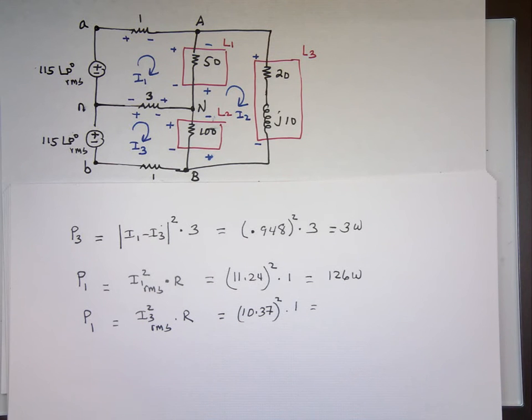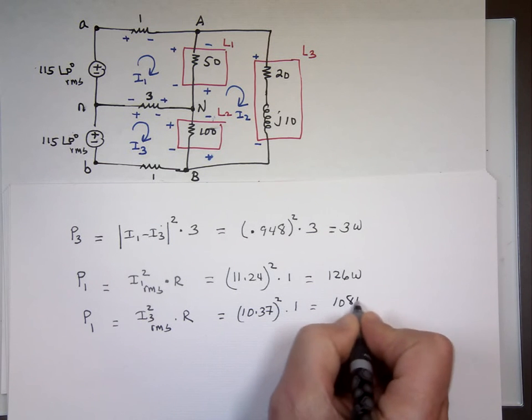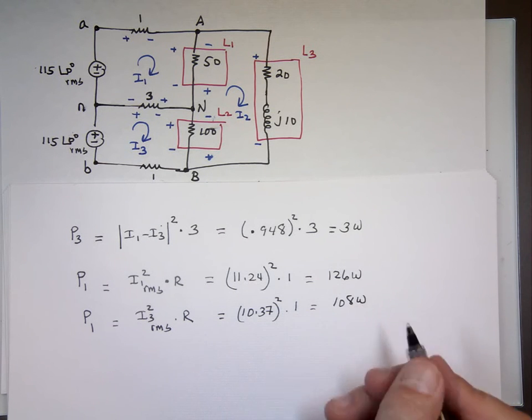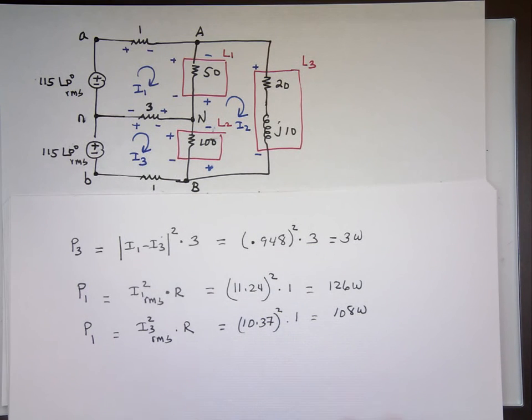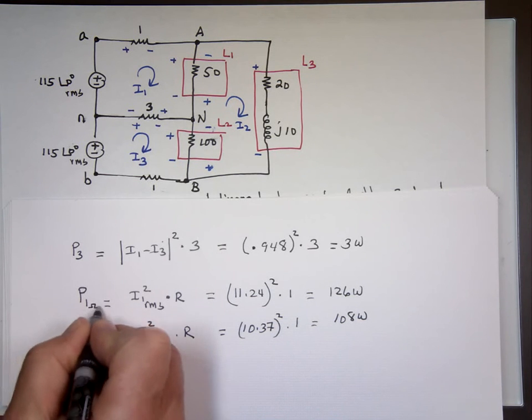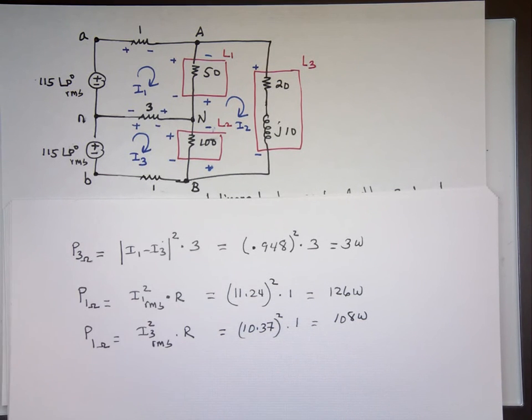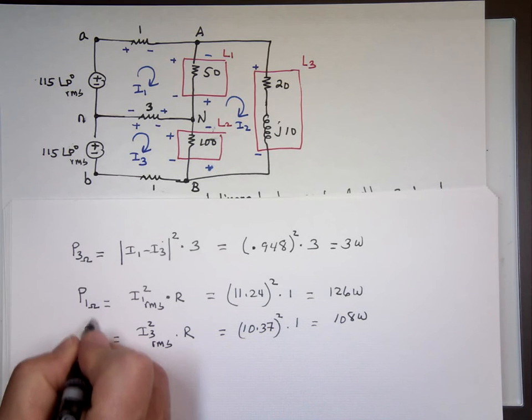And that's 108 roughly. That's P2 right on the bottom. This is the 1 ohm resistor I was labeling. The 1 ohm resistor on the bottom, that's the 1 ohm resistor on the top. So I write top here, bottom.